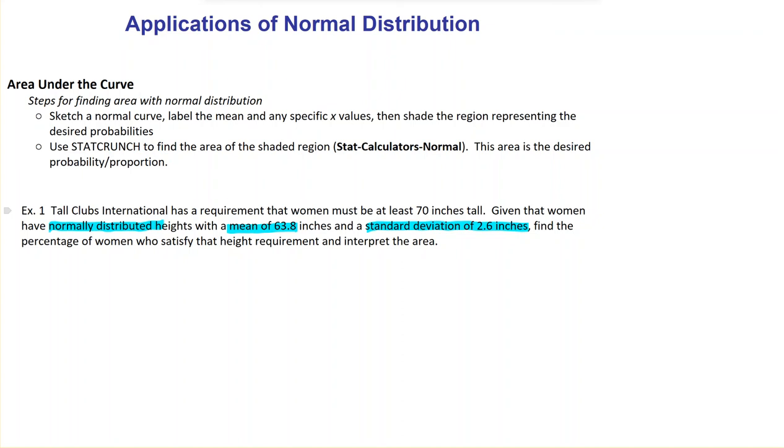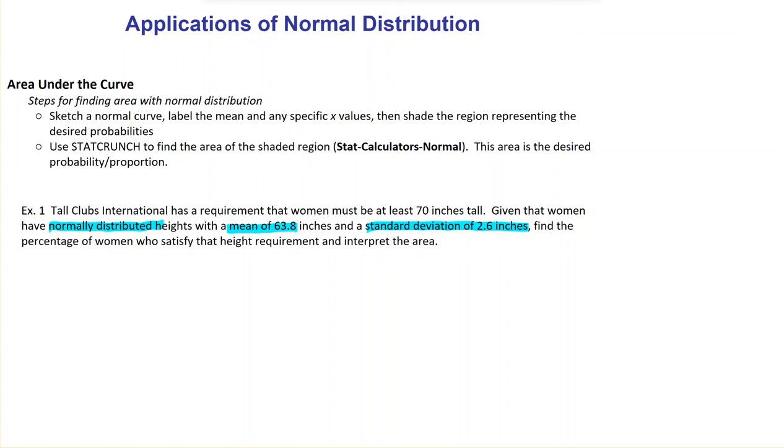Another way to identify that might be the fact that nowhere in here am I given a sample. I don't have a sample size of, say, 500 women who have an average height of 63.8. In fact, I don't have any sample size. So that would be something else that I would be looking for to determine whether something was a population parameter or a sample statistic.